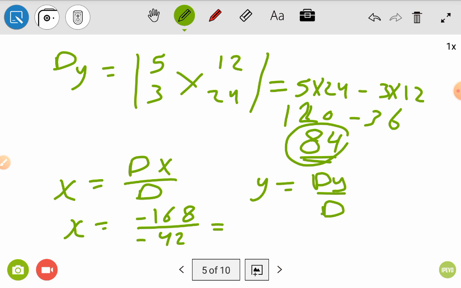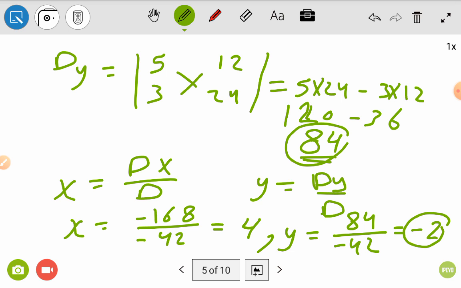The answer will be 4. So y equals dy, 84 over negative 42. The answer will be negative 2. Now the solution set of this linear system is x equals 4 and y equals negative 2.